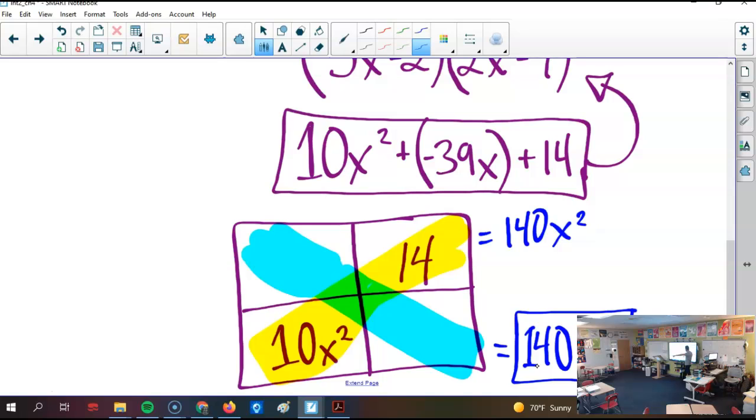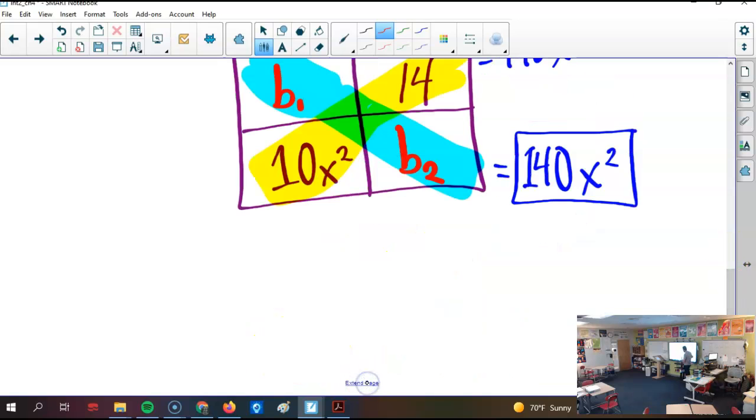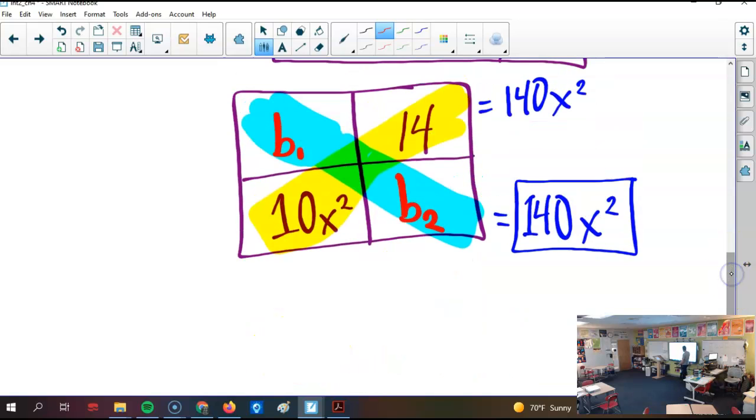So you just said there's no great notation for these because this is A, that's C, and these are parts of B, right? So I'm going to say B1 and B2, although we're definitely not talking about trapezoid bases. What do we know about B1 and B2, aside from the fact that they have to multiply to make 140x squared?